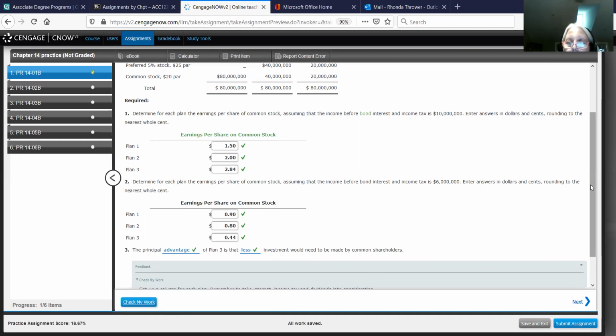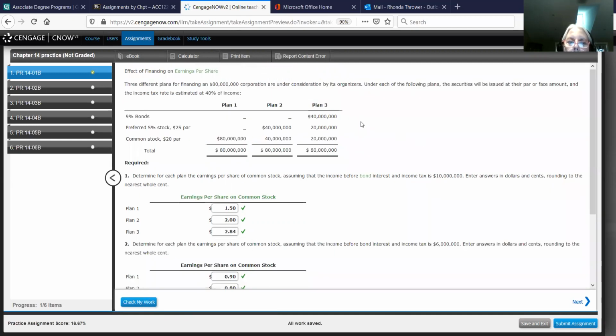So what they're saying to you there is, if we issue bonds in plan 3, then we only have to issue stock at 20 million. Notice these other plans have the stock issued at larger amounts.